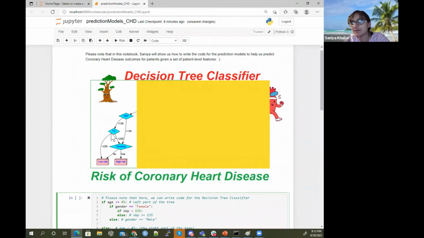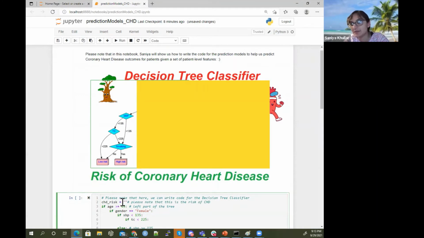So now we've come here to total cholesterol. And if total cholesterol, if TC is less than 225, then we can have a variable called CHD risk. Please note that this is the risk of CHD, and right now it's just none.